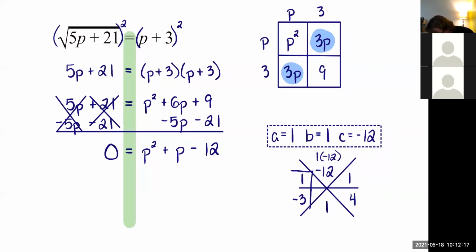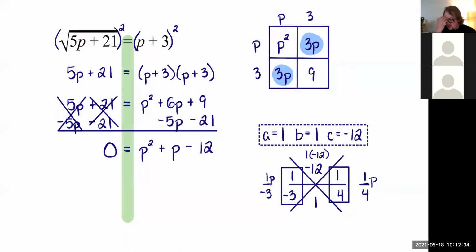Looking at these two pairs, do either of them simplify any further? Nope. So we have enough information now to write out our binomials. So 1 over negative 3, bring back the variable p. And 1 over 4, bring back the variable p. Writing the tops before the bottoms. What two binomials do we get? 1p minus 3 and 1p plus 4, still equal to 0.